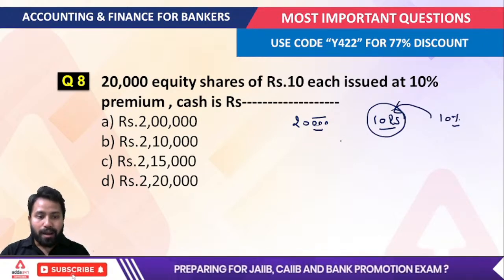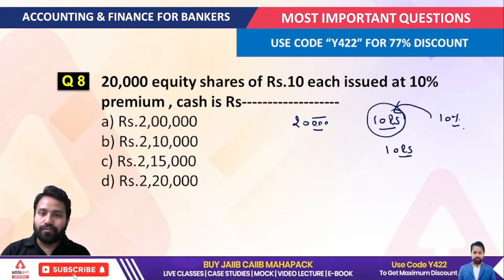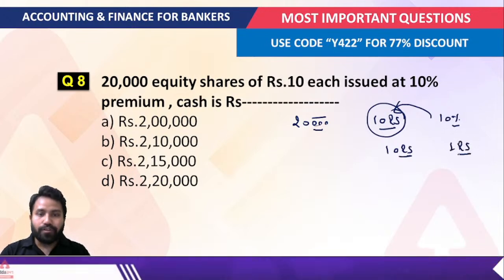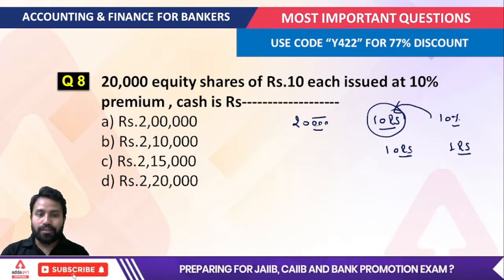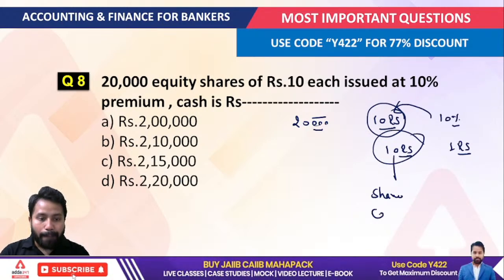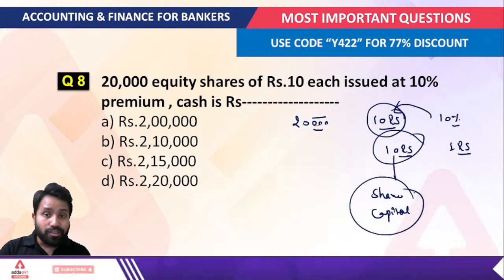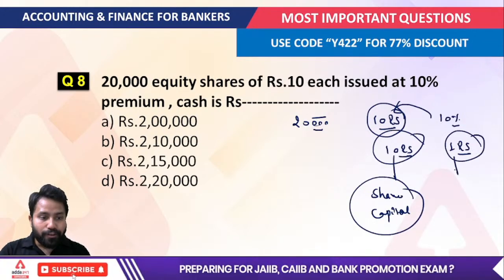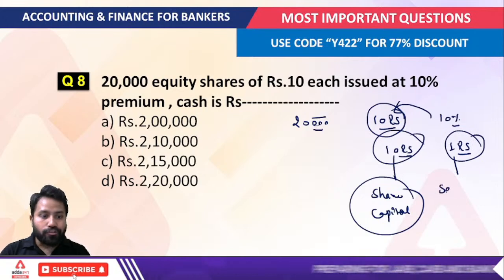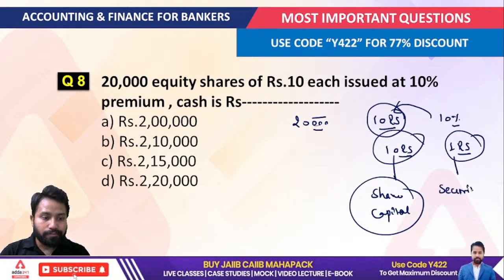That means the company will receive the 10 rupees as well as 10% of the 10 rupees, that is a premium. That means 1 rupee of premium. The very important thing is that this 10 rupees is part of your share capital account, while this 1 rupee is part of your securities premium account.